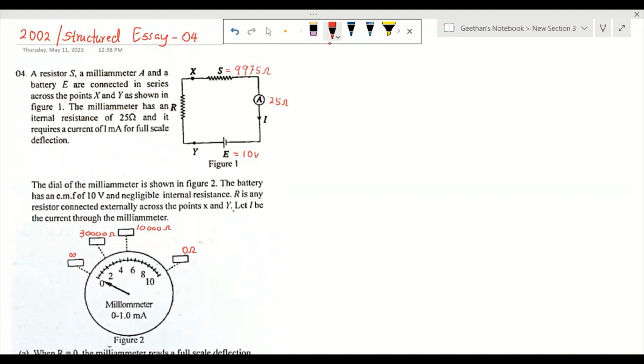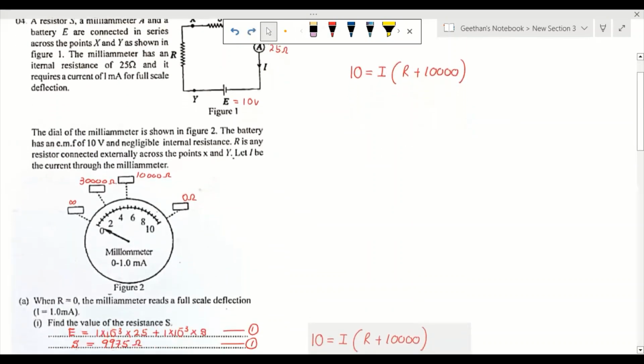When you apply Kirchhoff's law, you can see 10 is equal to I times R plus 9,975 plus 25, that is 10,000. So this is a simple equation, and you can use this equation.